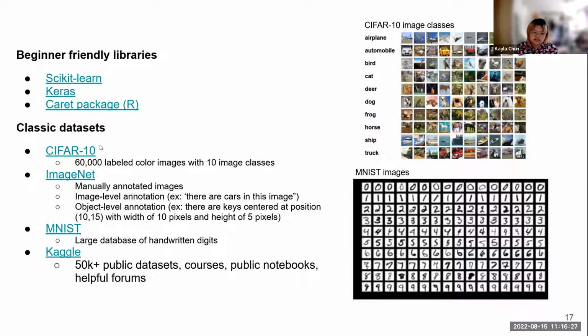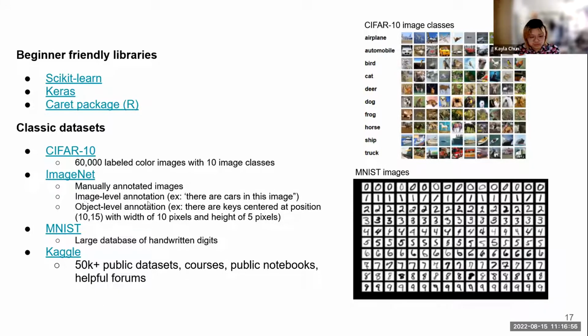And then here are some classic data sets that are really popular. If you take an online course in machine learning, or any course, you'll probably end up using one of these. CIFAR-10 is right here. It's a bunch of images with 10 different categories. ImageNet also has labeled images like this, but there are different levels of labels.